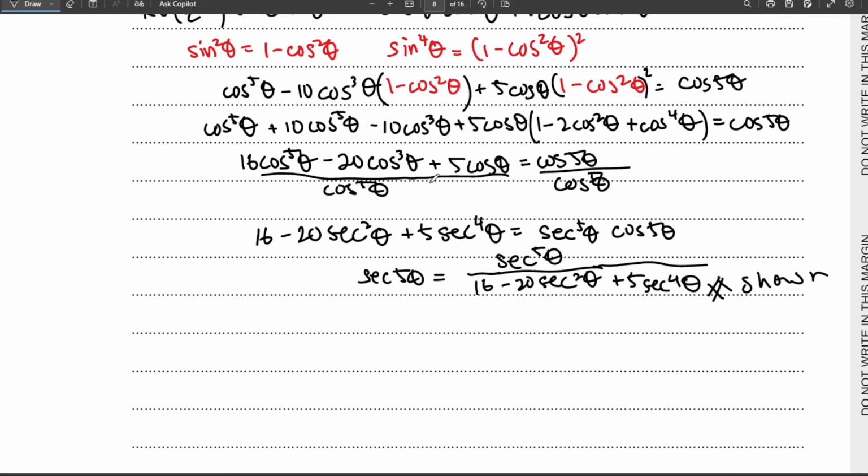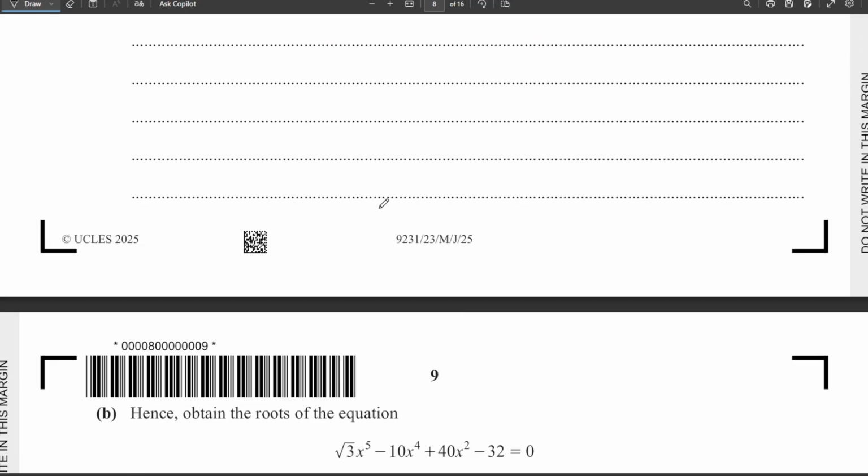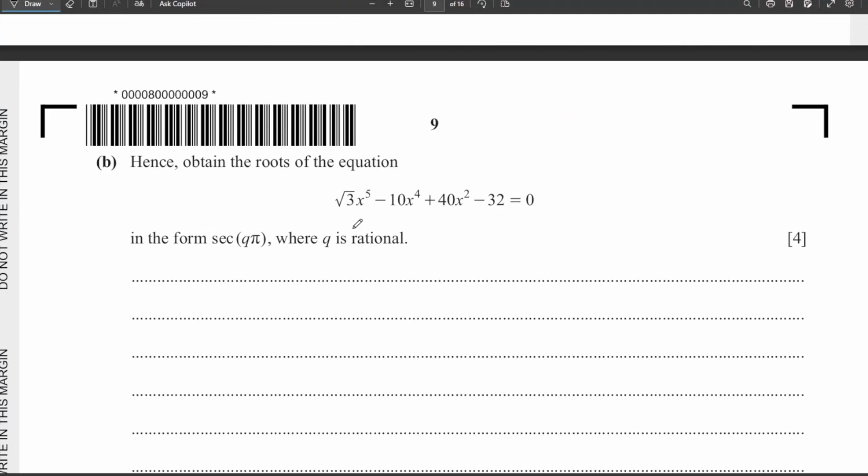Alright, so far okay. Now, next part is given this polynomial with order of 5, and they want us to find the roots of this polynomial. So we know a polynomial of order n will have n roots.